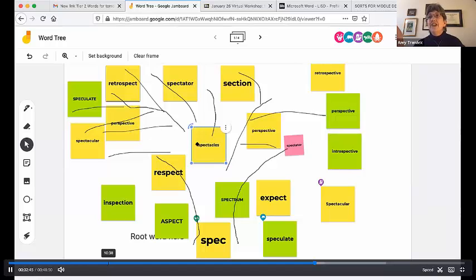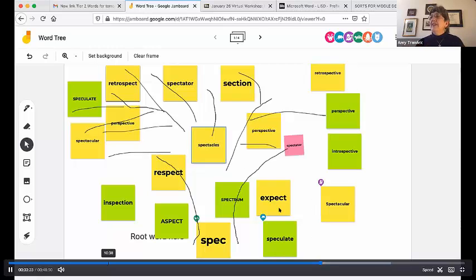And it should, though it can raise some questions, like expect looks a little bit different from spec, but that's because our language is so funky that X's turn into S's sometimes, and S's turn into X's. So there's a conversation to be had here about how to figure out what a word means. And if you know what spec means, it suddenly makes other words richer. You start to understand what their meanings are.